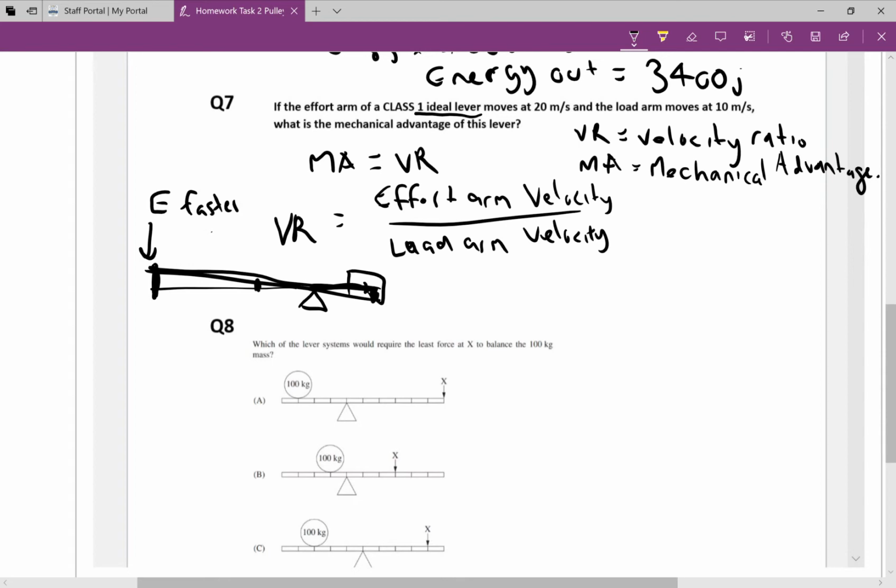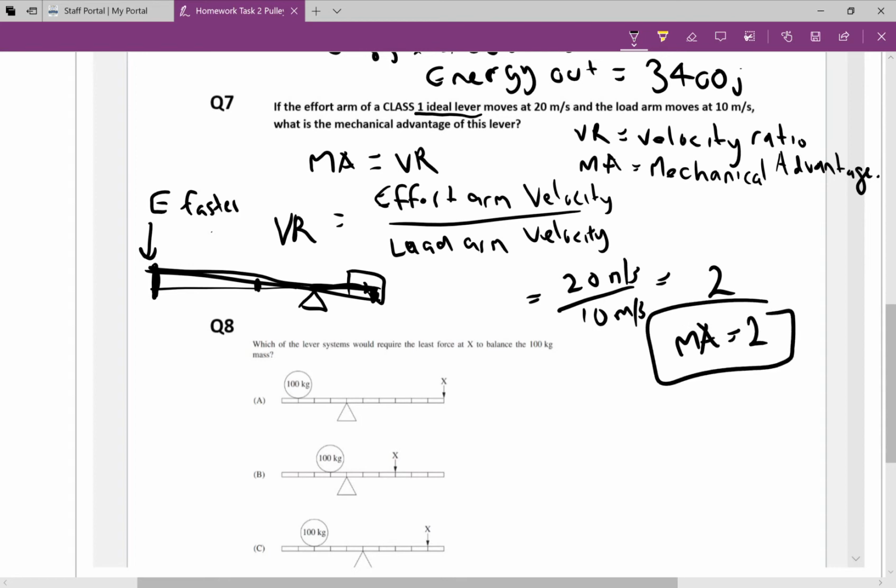So we've got here the 20 meters per second is the effort arm. So all we have to do is put the two speeds over each other. You say 20 meters per second over 10 meters per second, and that equals 2. So we can say MA equals 2, and that's your answer.